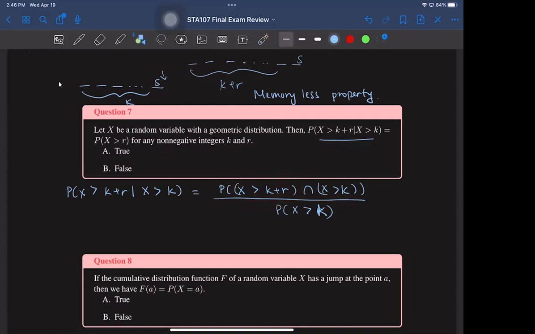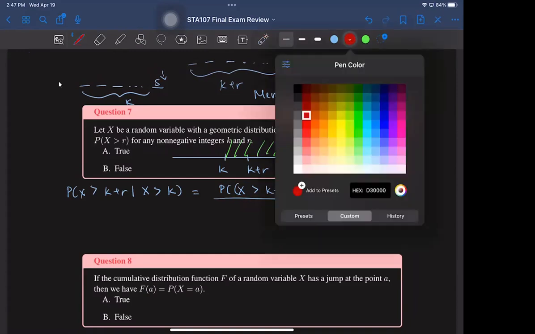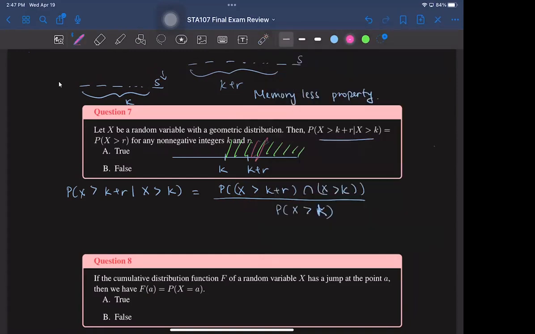Because if you think about a number line, where this one is the point k, and this one is the point k plus r, and X is greater than k is in this region. X is greater than k plus r is in this region.